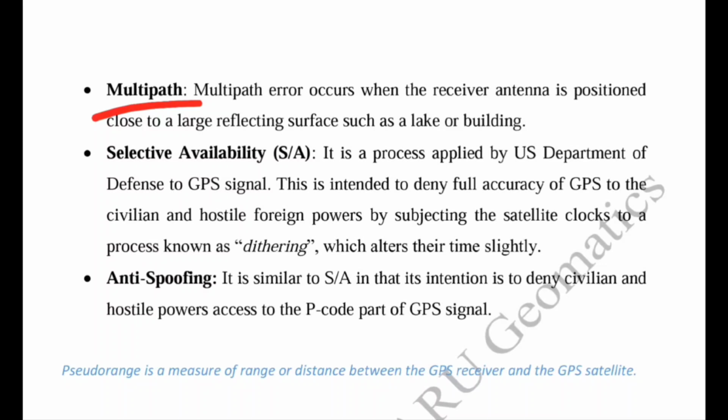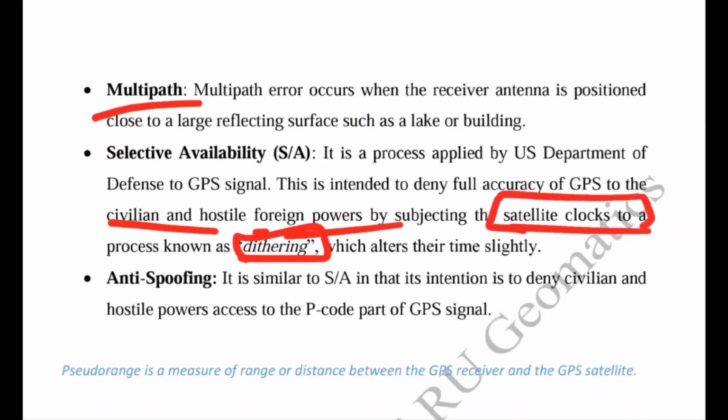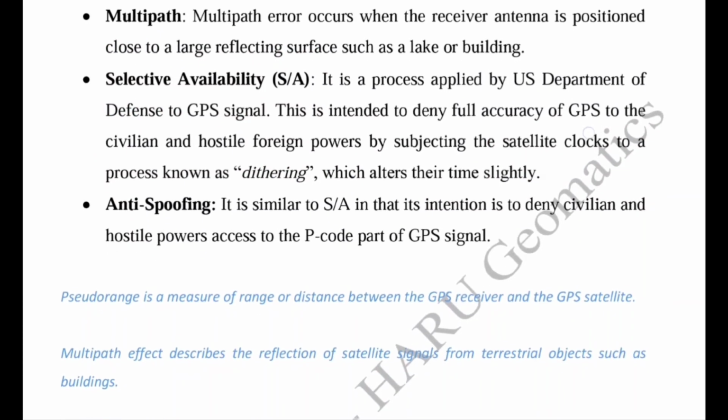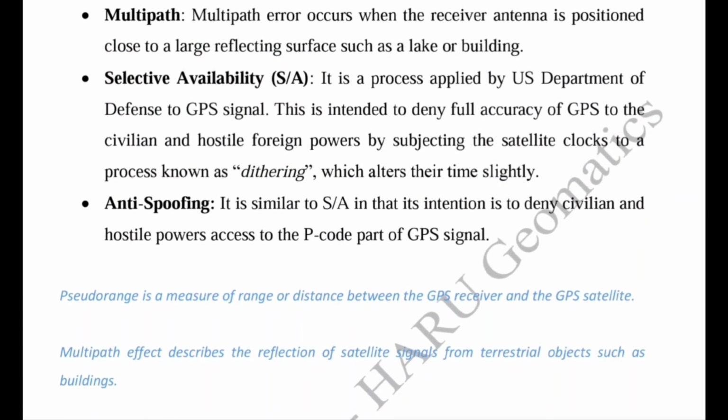This error is introduced against civilian or hostile foreign powers, and this is known as dithering. It means the satellite clocks or their time information has been slightly changed, so their accuracy is reduced for the GPS calculation. So due to this selective availability, higher accuracy is not achieved, and that is introduced for security purposes.